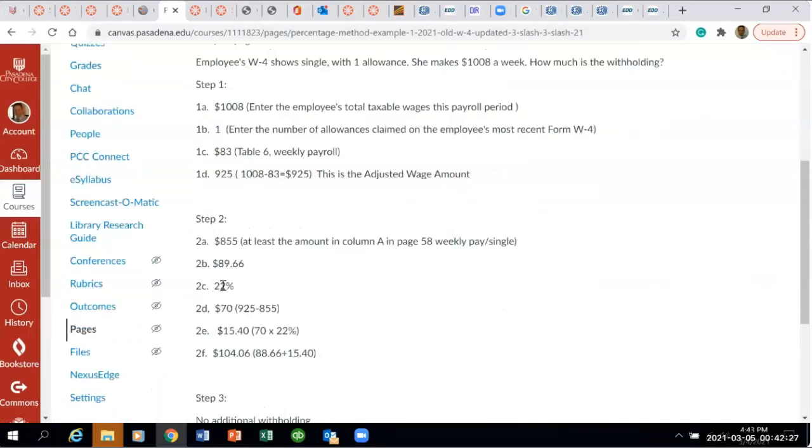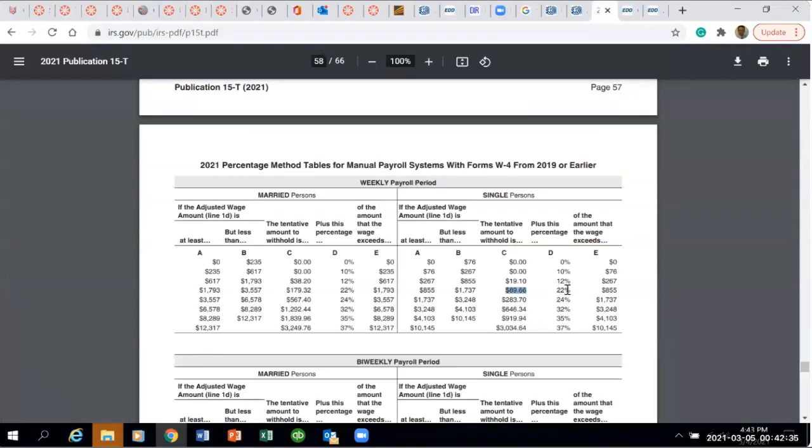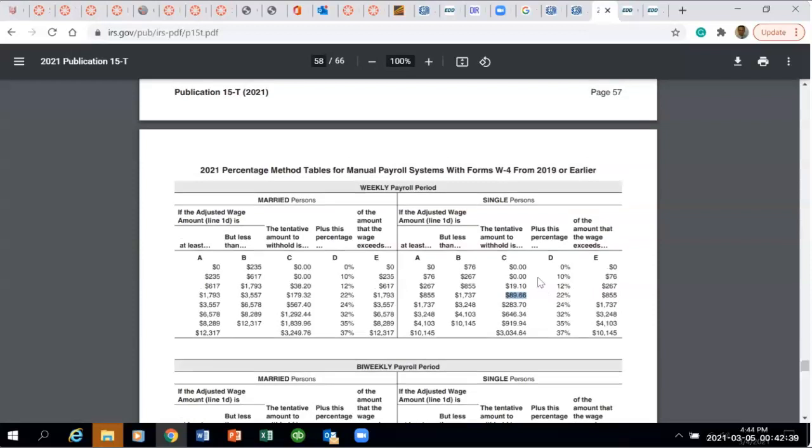So 22% is the tax rate. So if you look in here, you see the tax rate is 22%, which is the next row.